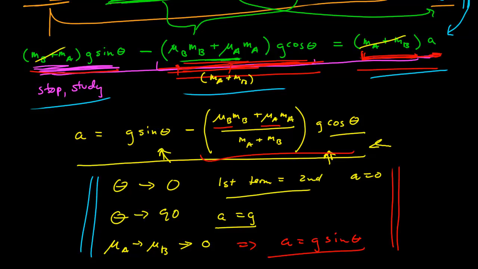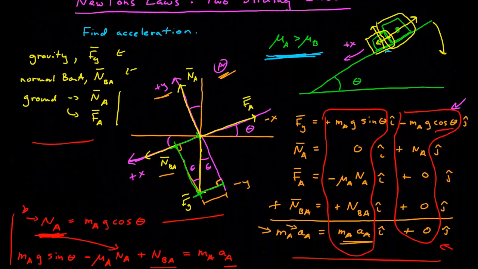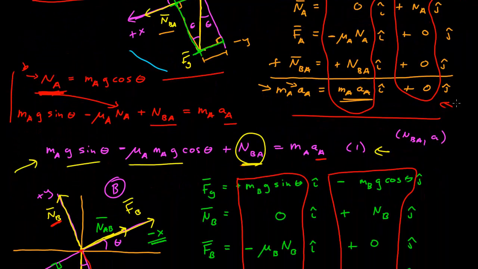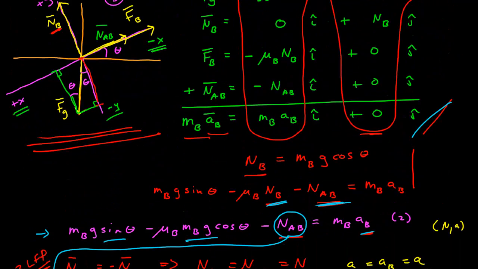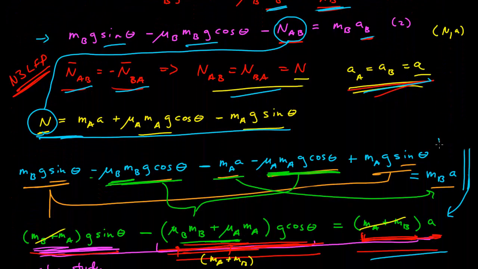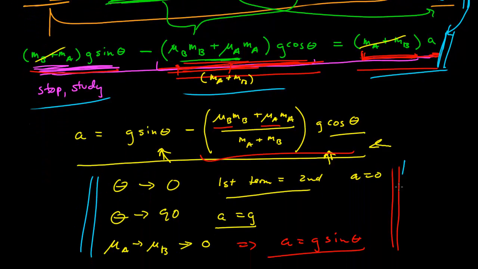Okay, and the moral of that story is that what you see in this video is what I did. I drew the picture, identified the forces, did the free body diagram, summed the forces equal to ma, did it again, and identified the third law pair. When I got here, I rearranged all the terms so it looked exactly like this. And then when I solved, I did all of these checks.